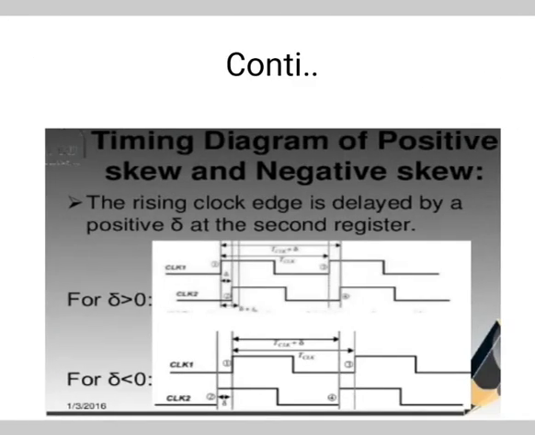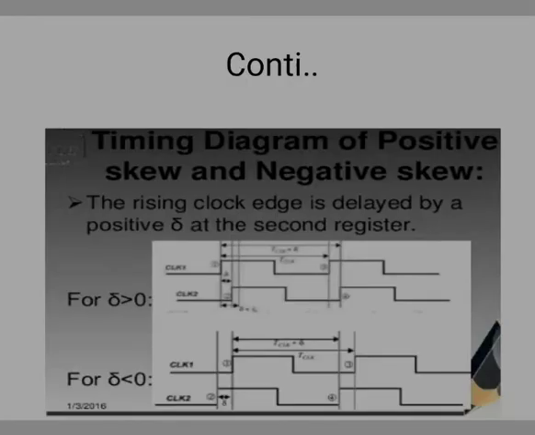So the rising clock edge is delayed by positive delta at the second register.